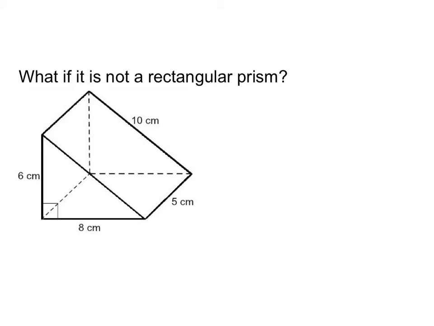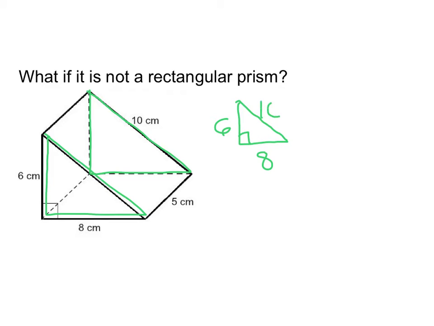So I could start by making a net, but since all I care about is the surface area, I find it a little bit easier just to go side by side and carefully record my work. So I'm going to start with my triangles, and there should be 2 of them that are exactly the same, and I'm going to sketch what they look like separately to make sure I understand what's happening here. So I have 8 by 6 with the right angle, and then another side that is 10.